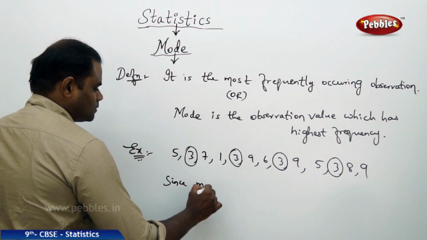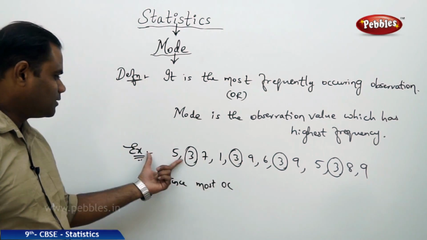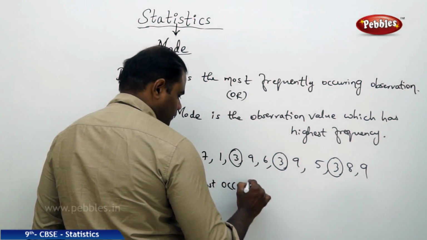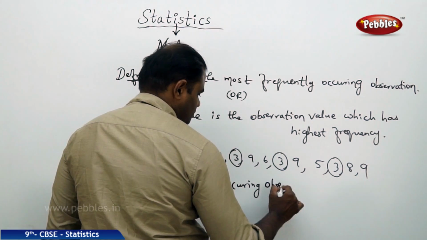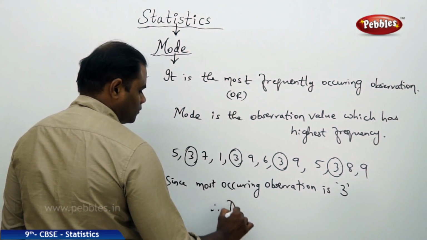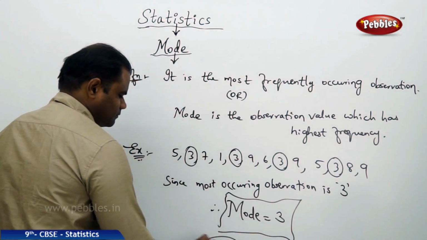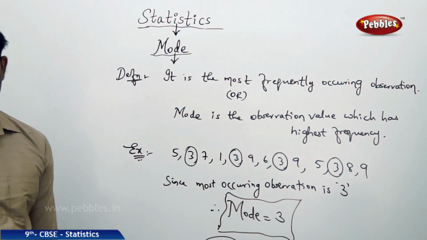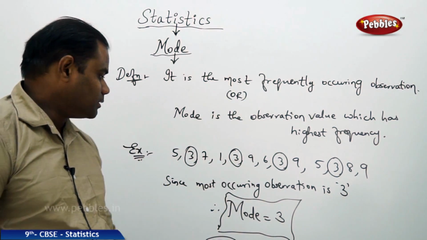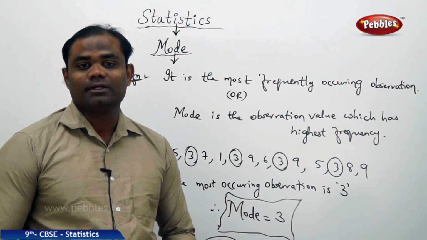Since the most occurring observation here is identified to be 3, any other observation occurs fewer than 4 times. Therefore by definition we say the mode is 3. This is how we define the most frequently occurring observation being 3 in this example, and hence the mode is 3.